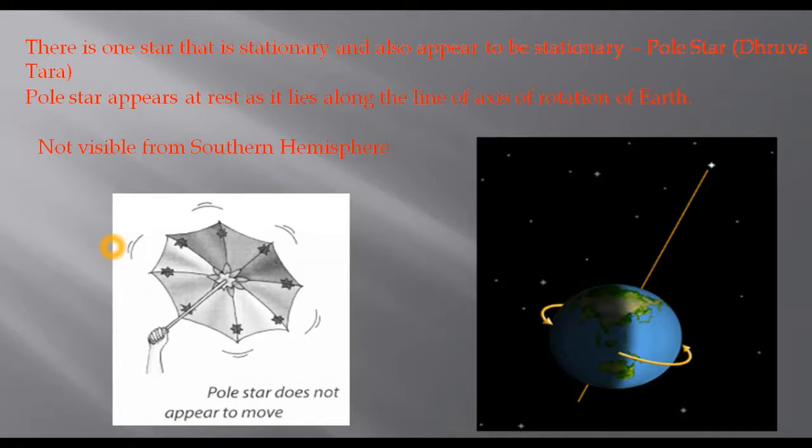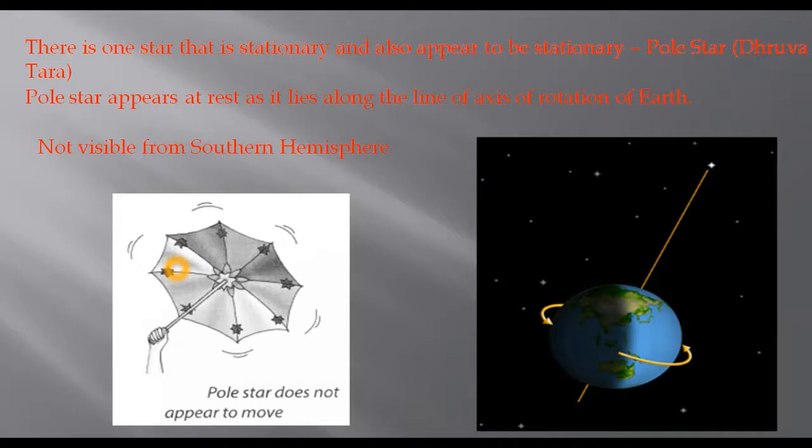Now rotate the umbrella by holding its central rod in your hand. When you rotate this, you will observe that the paper stars are also rotating, because they are on the rotating umbrella. You will find that all the stars placed on the spokes appear to move.